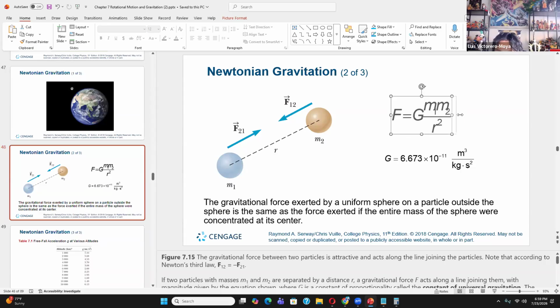And we can use this equation to, for example, find the force between the Earth and the sun. And we can use it to find force equals mass times acceleration, so I can use it to find the centripetal acceleration of the Earth orbiting the sun, right?